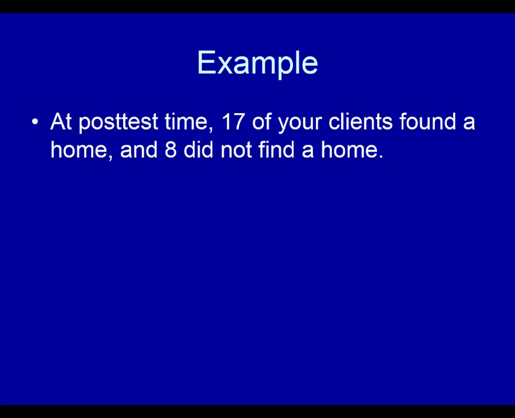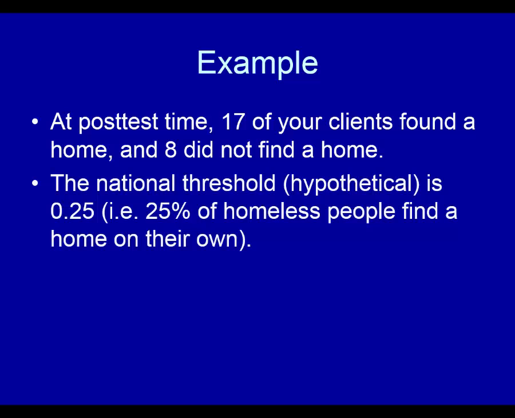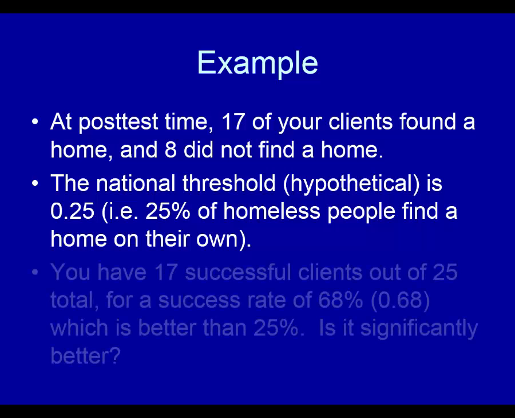Here's an example. At post-test time, 17 of your clients found a home and 8 did not find a home. I'm going to give you hypothetical information. The national threshold is 0.25, which is the fractional equivalent of 25%. That's the threshold that we're going to be comparing our data to.